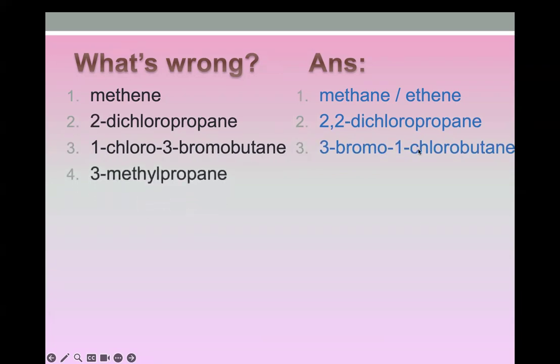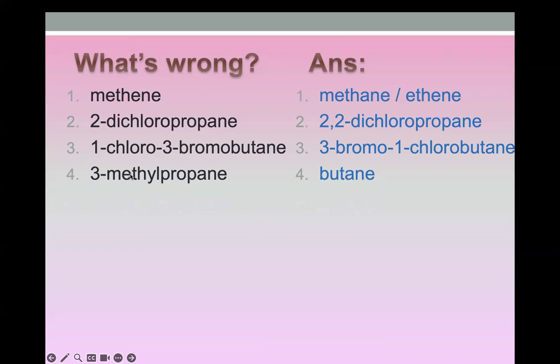The fourth one, methyl propane, should be used, or you may say it is butane. Like if it is the propane, with the third carbon containing the methyl group, it should be the chain itself. So that's why it is butane.